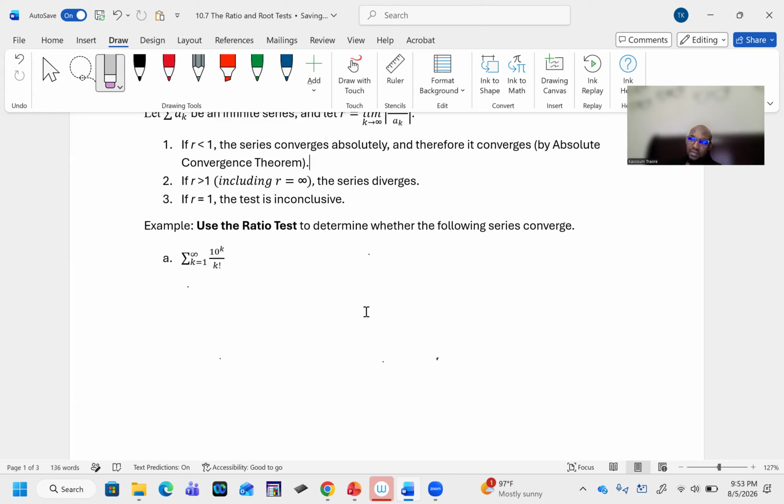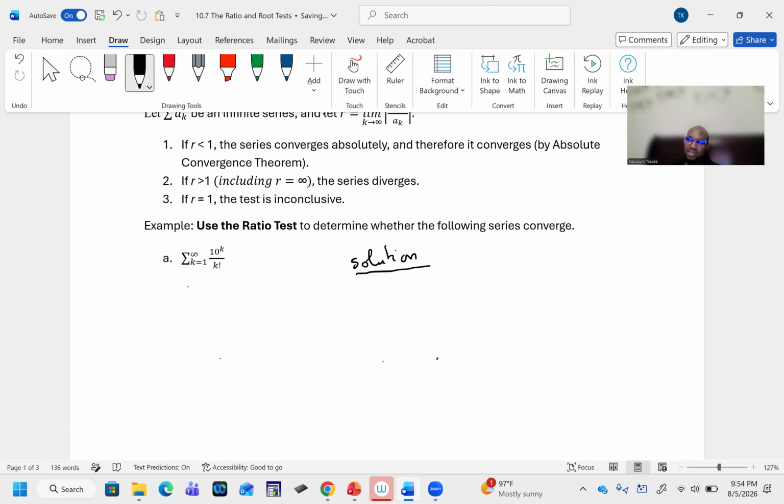You can see we have the sum from k equal to 1 to infinity of 10 to the power of k divided by k factorial. Solution: we can see this series is positive, right?